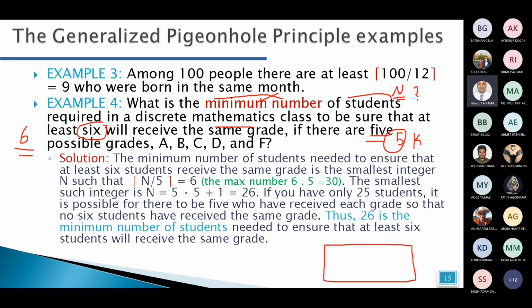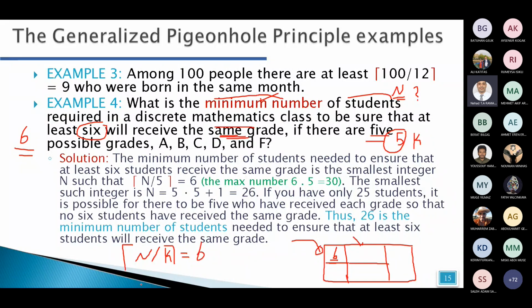Actually, it's the idea like this. We have 5 different grades, so you can consider it as 5 different holes. And we need to distribute these students in the holes to be sure that one of them has at least 6 students. So the rule is like this: N divided by K is equal to the number of students with the same grade.